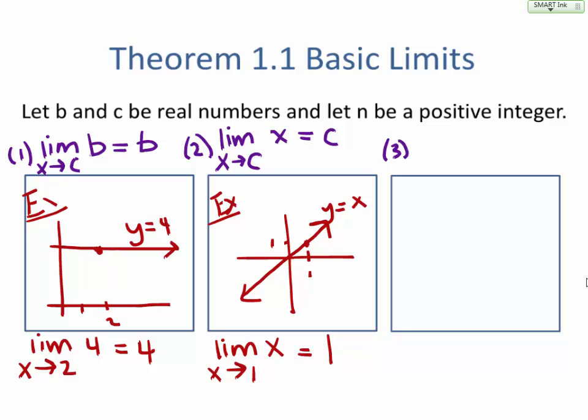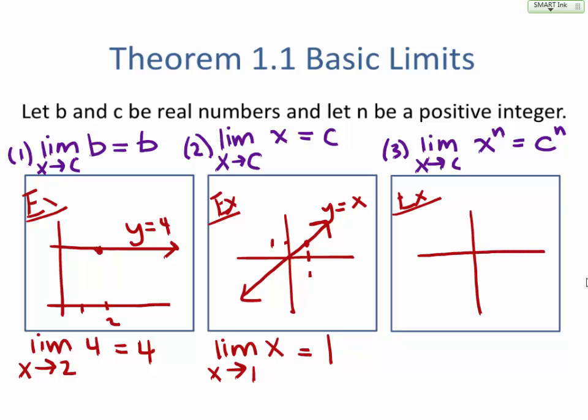Third, the limit as x approaches c for some function x to the power n is simply equal to c to the power of n. So as an example, let's take a look at our basic cubic function. So this is y equals x cubed.